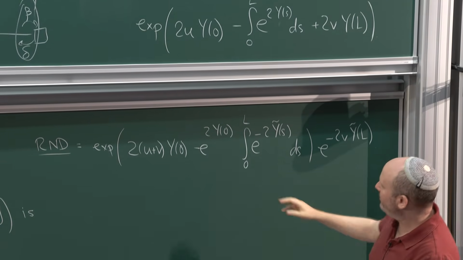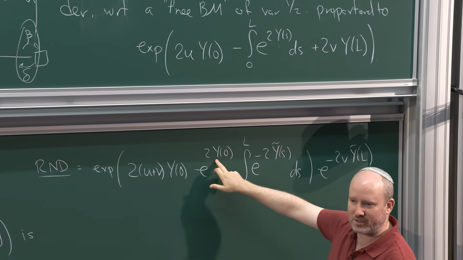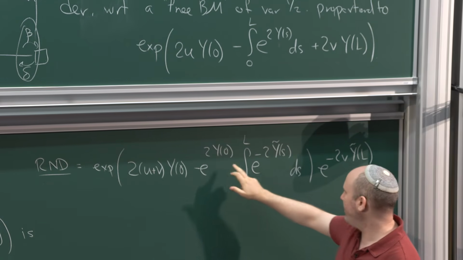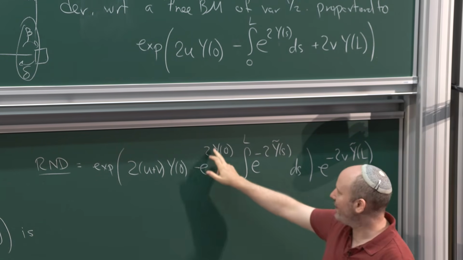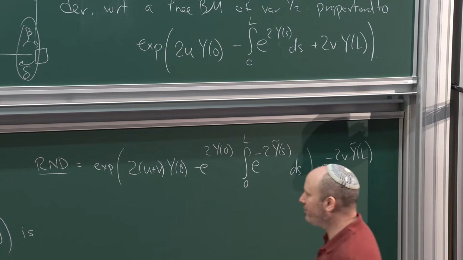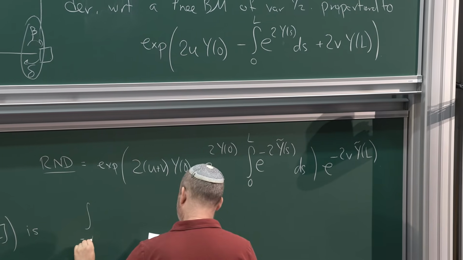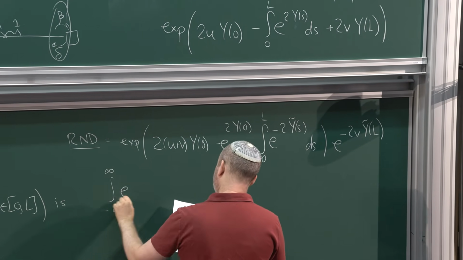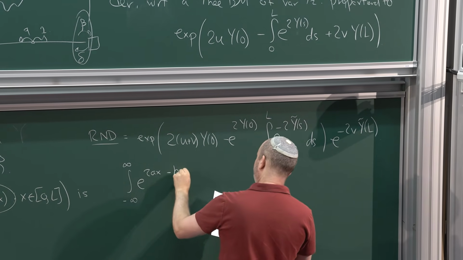Because y of 0 is distributed according to Lebesgue measure initially, and I only care about y tilde of s, I can now integrate out over y0, the 0 mode. And that integral can actually be computed. This is just a calculus problem.